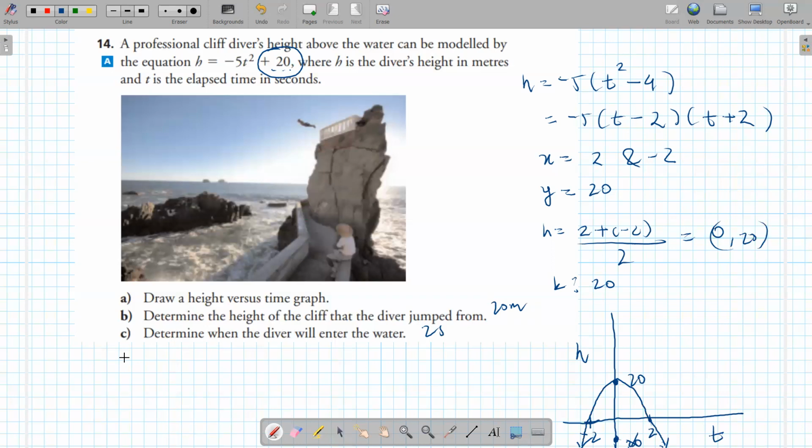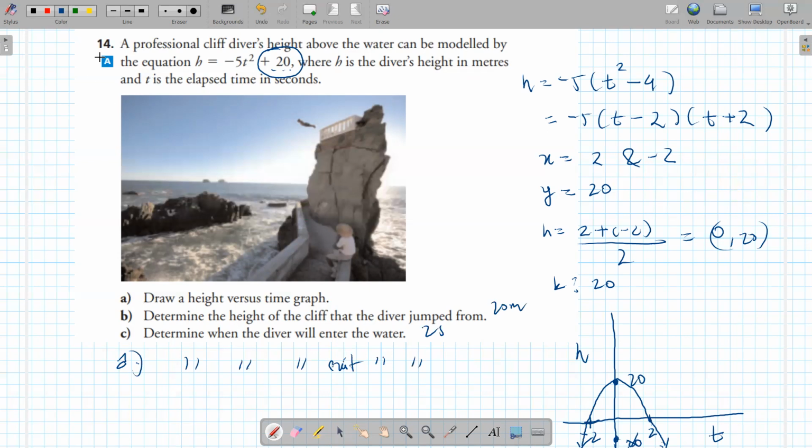D, this is a trick question. Determine the height when the diver will exit the water. What's the answer to that question? The answer is we don't know, okay?